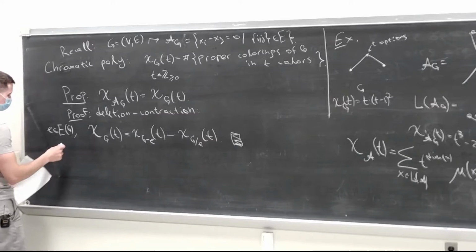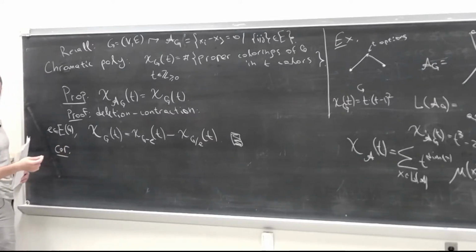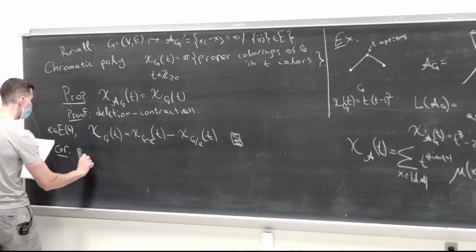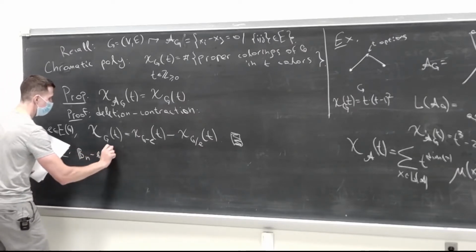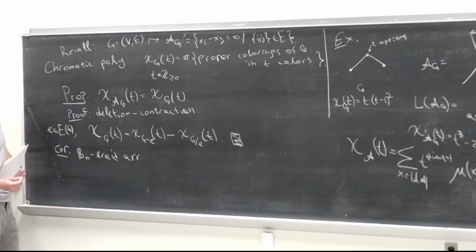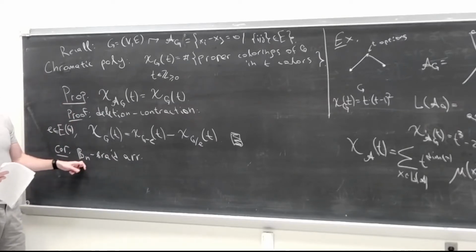So let me try another example. Let's say I take the Braid arrangement, B_n. How to apply this proposition to the Braid arrangement?